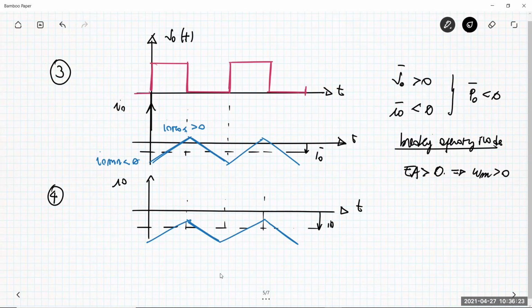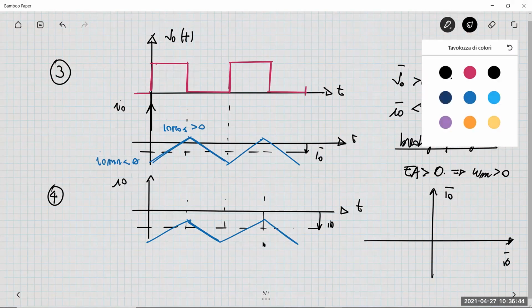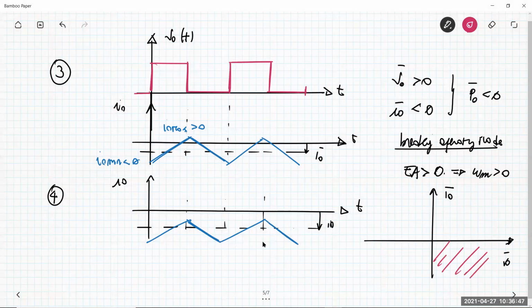The devices that conduct the current in this situation are analyzed in exactly the same way we did for situations number 1 and number 2. If you look at the plane of I naught average value and V naught average value, now we are in this part here. This is also called forward braking, because the motor is going forward, rotating in the same direction as before.